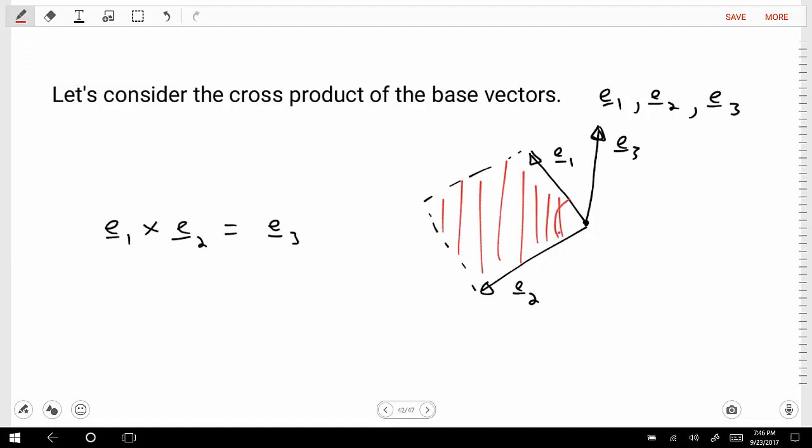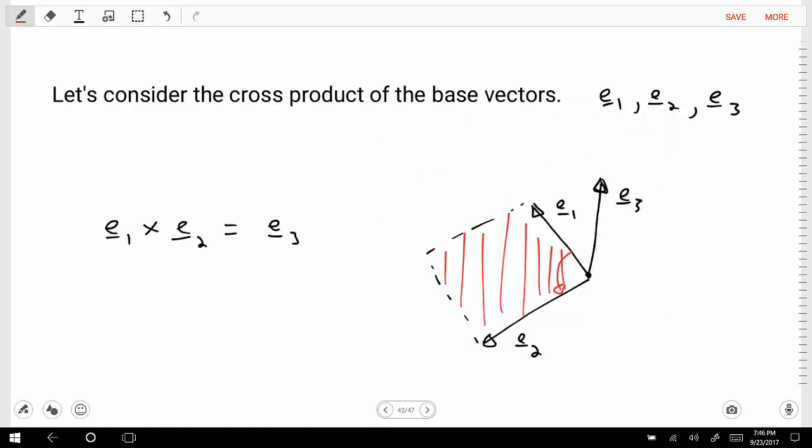And note that we are crossing 1 with 2 to get our third normal vector from the surface, right? And this is all according to our right hand rule, right?